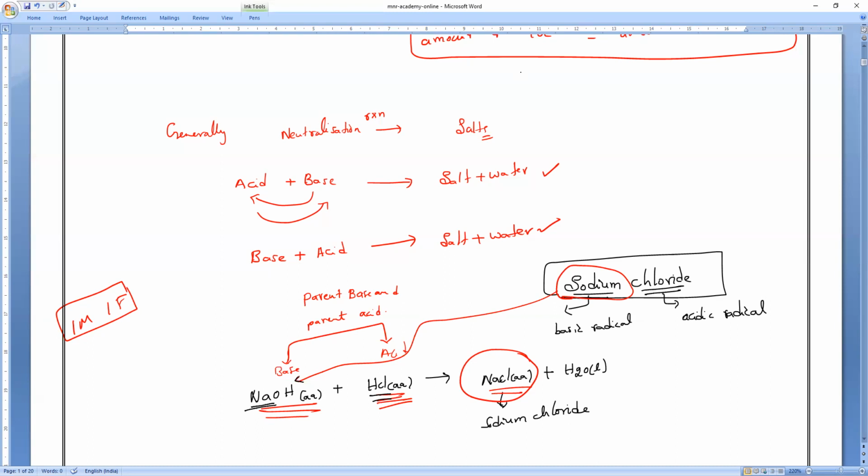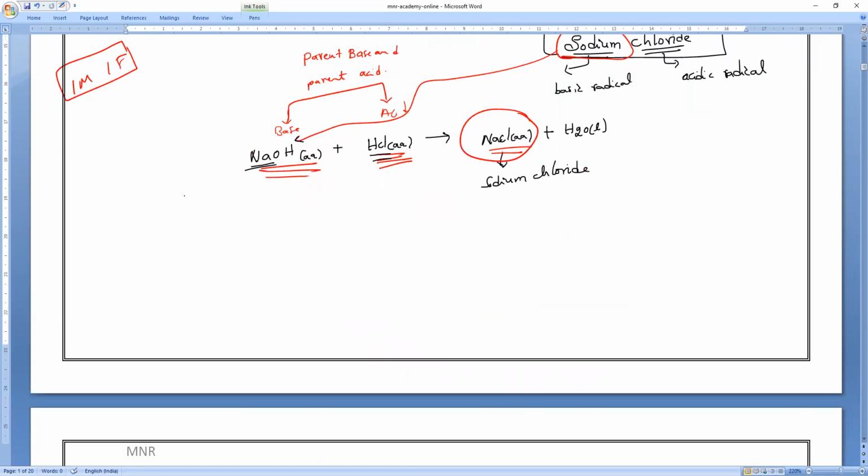Anybody having doubt? Clear? So all of you remember, if you take any kind of salt, the first part of the name is derived from where, base or acid?